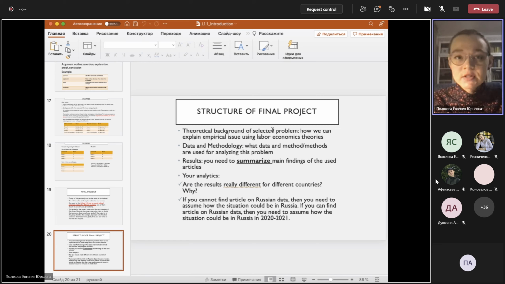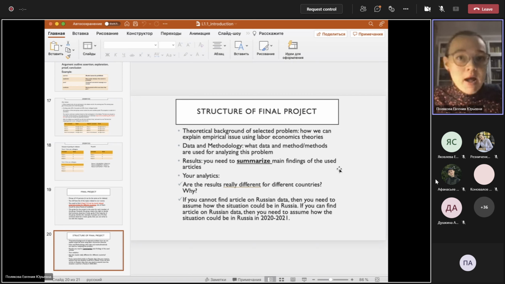For instance, chapter 1, chapter 2 of this textbook, of that textbook. So during the final project, I download the PDF version of the textbooks on LMS. During the preparation of the project, you can use these textbooks to get a really brief explanation of the theory.